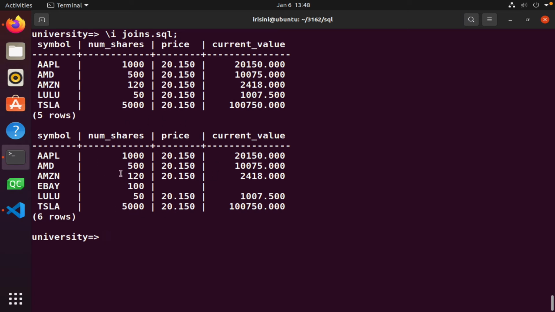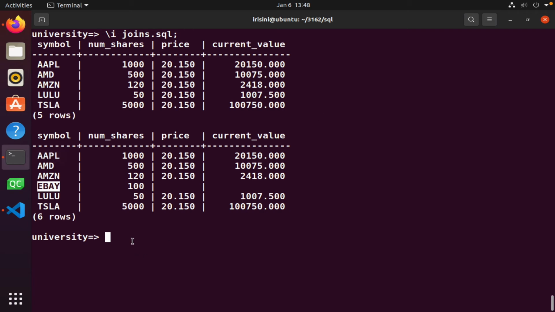So notice when the DBMS found eBay, and it tried to check to see if there was a matching row which has an eBay in the stock price table, it could not find one, because there was none.